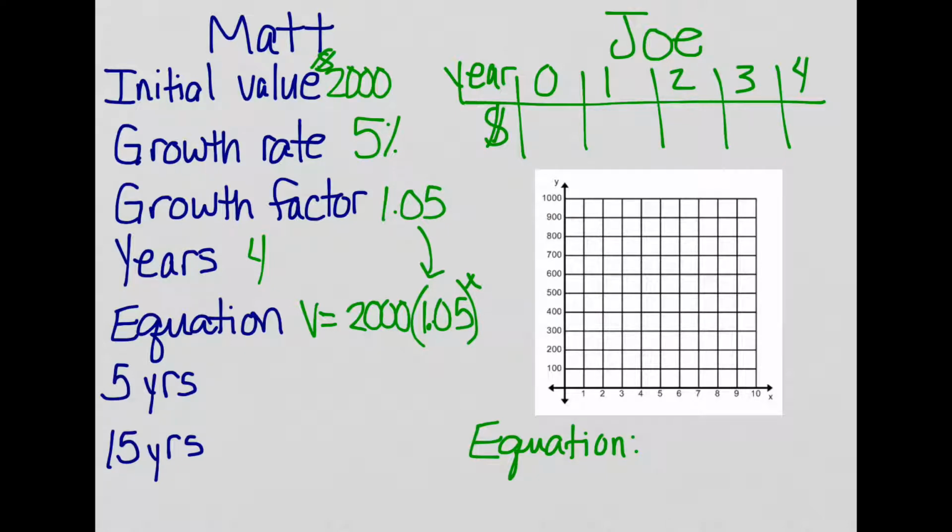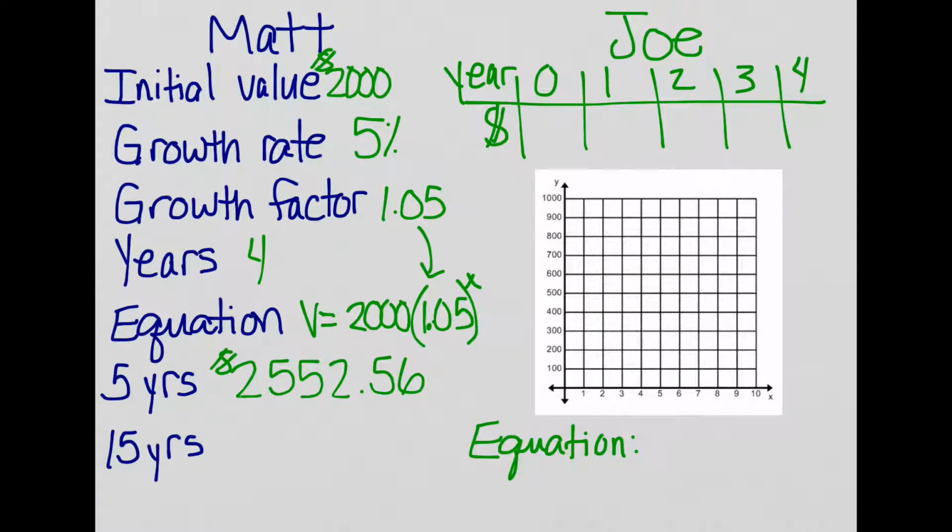And so then on the back of your classwork, it says if the initial value continues to increase at this rate, then how much would he have in one more year? Well, you could just multiply that by 1.05 again, and you should get $2,552.56.